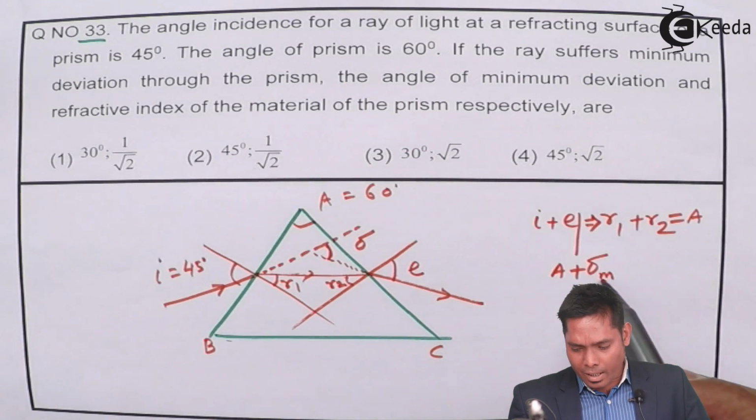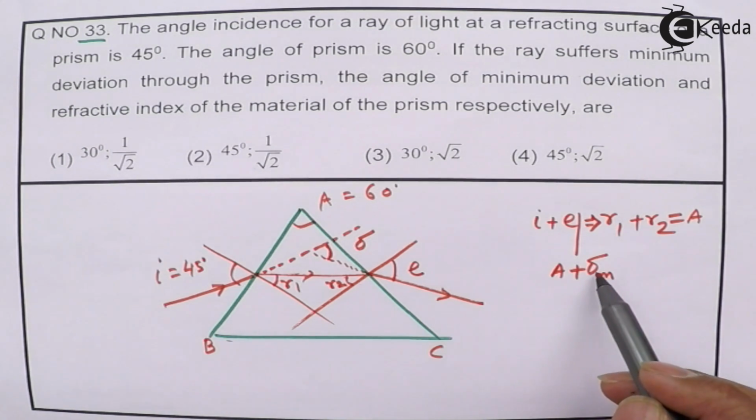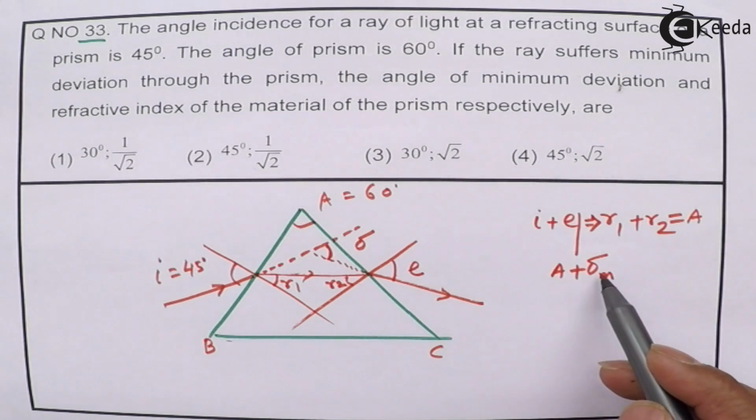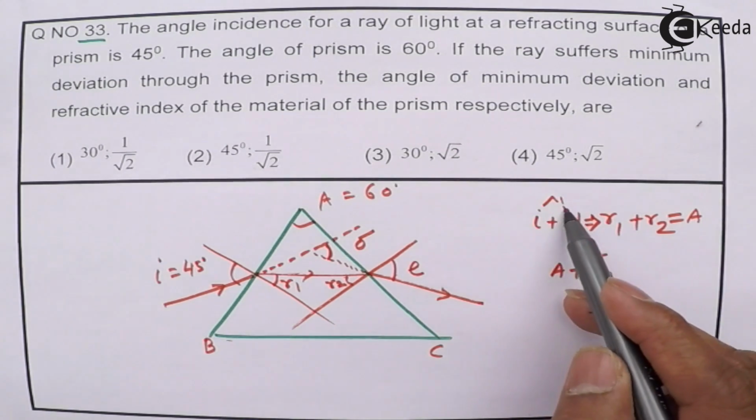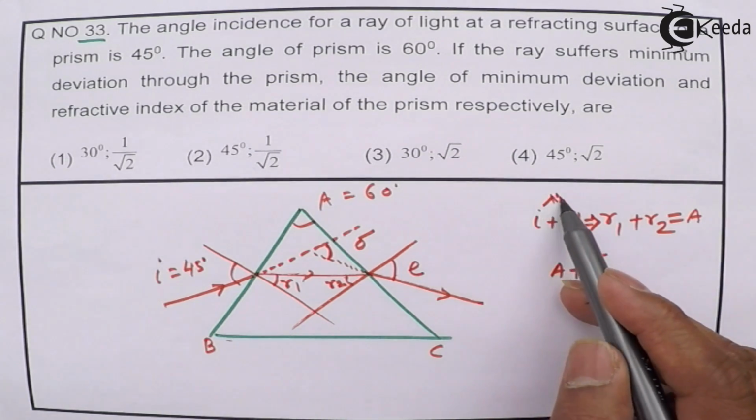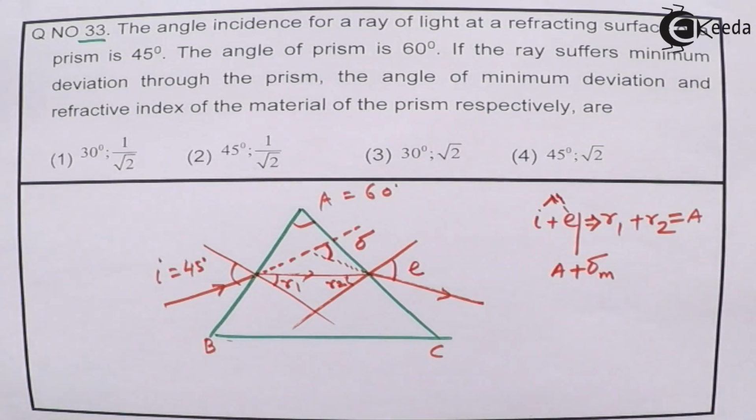Delta is minimum, that means delta m, when i is equal to e. These two are the same.